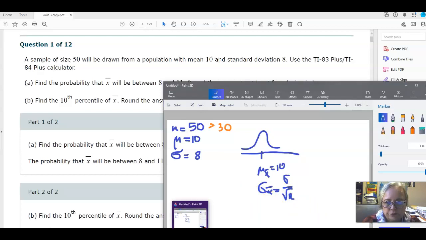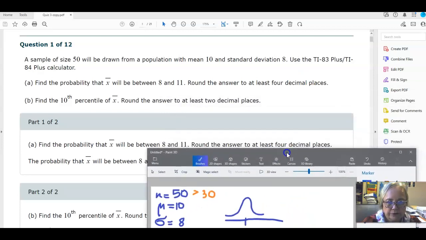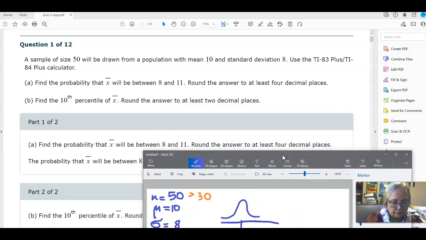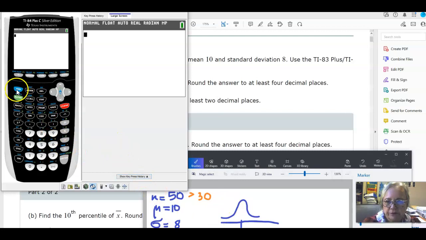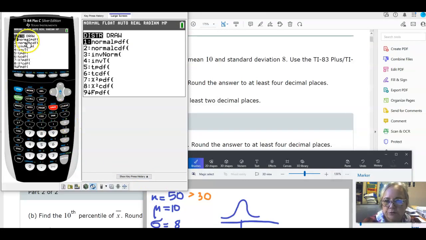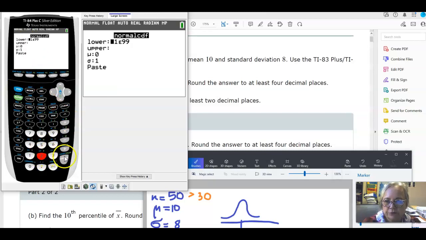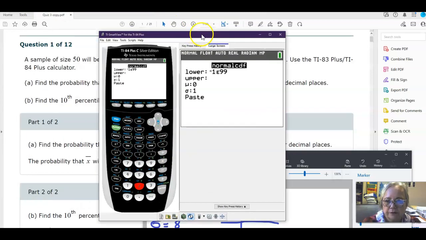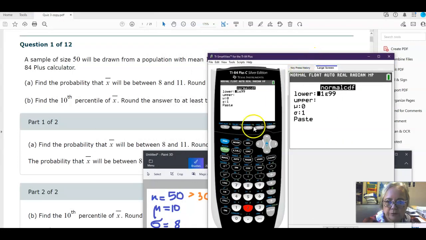So to answer question A, find the probability that it's between 8 and 11, we will use the command normal CDF on the TI-84. You go 2nd VARS and choose normal CDF, number 2. The question asks us about x bar to be between 8 and 11. 8 for lower and 11 for upper.